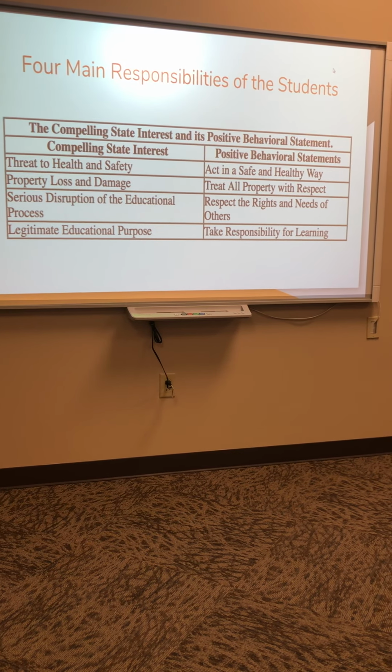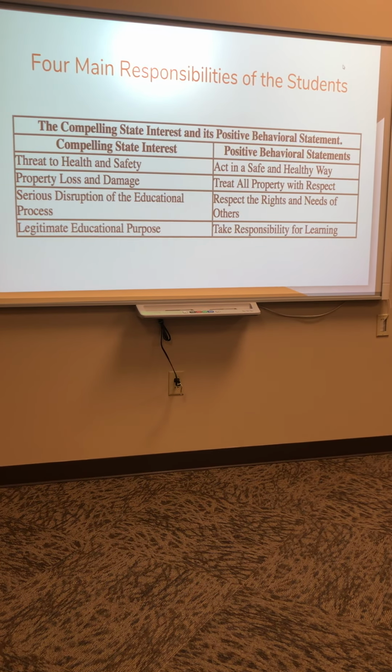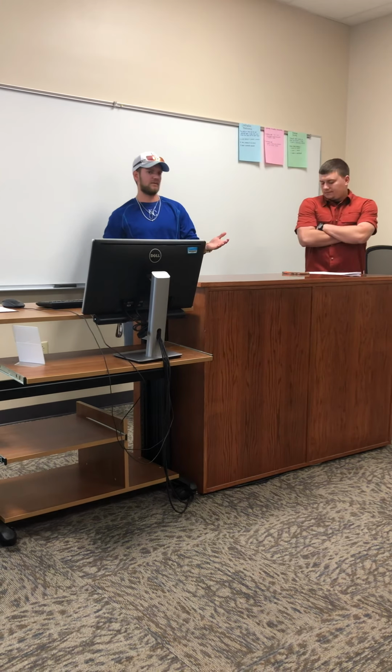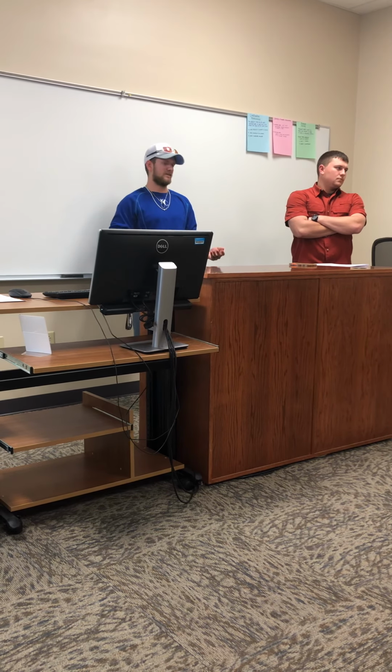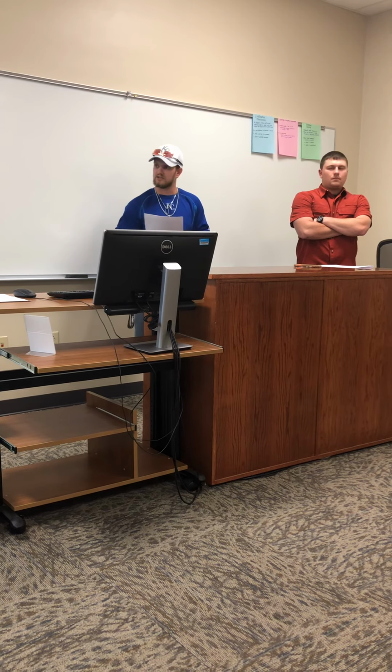The first one was threat to health and safety. This is just keeping everybody safe and healthy in the classroom, making sure nobody gets hurt. As we'll show you in an example, if I hit a water bottle down, it could end up flying to hit somebody. Then it also goes to the second one, property loss or damage.